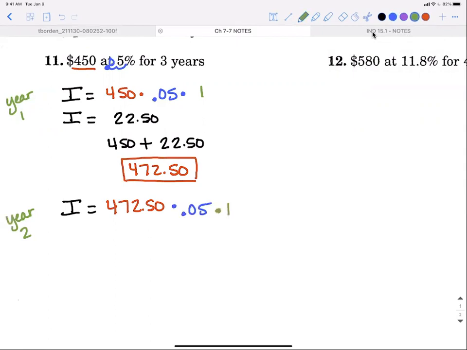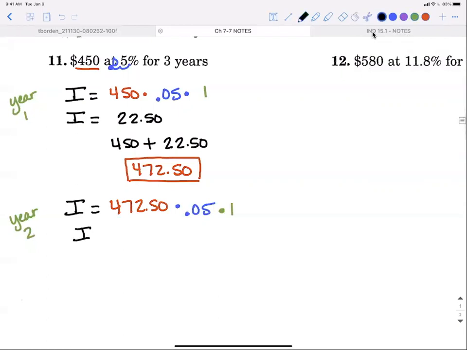And we do it again. So we take $472.50 times 0.05, and we get the interest for year two. Notice when you punch it in your calculator, you get 23.625. Make it money, so it's 23.63. You always round money to the hundredth.